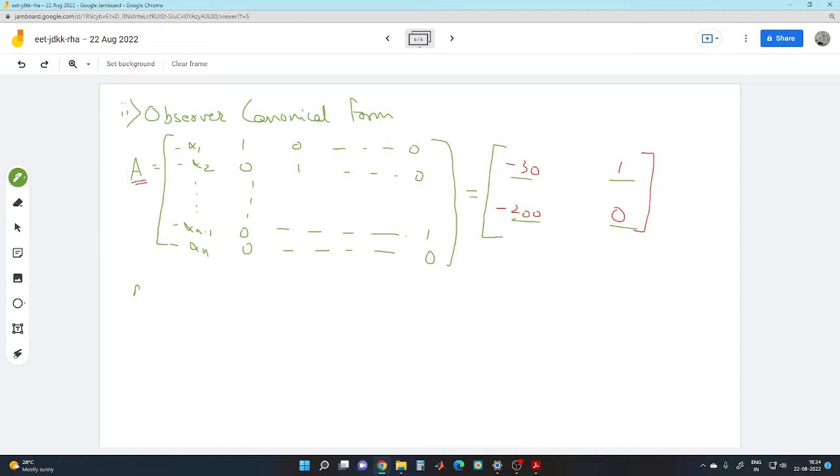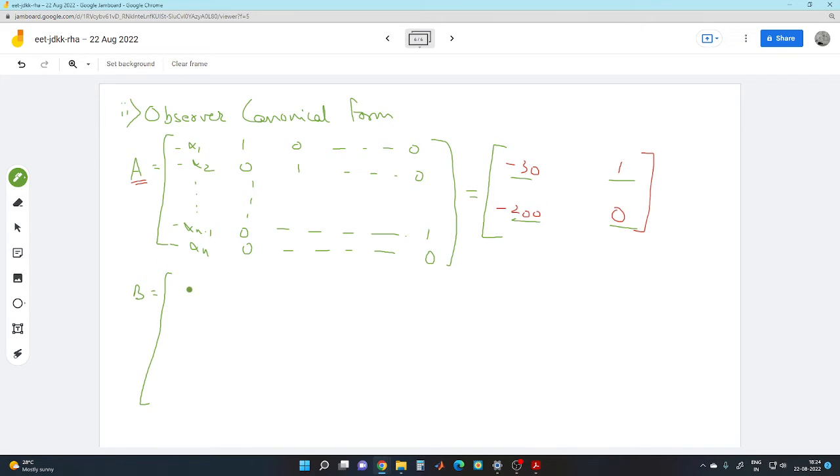For the B vector, because it is an observer canonical form, this forcing matrix is not maintained as unity, but the C vector is actually made as one entry as unit and all others as 0. So the observer matrix is controlled.